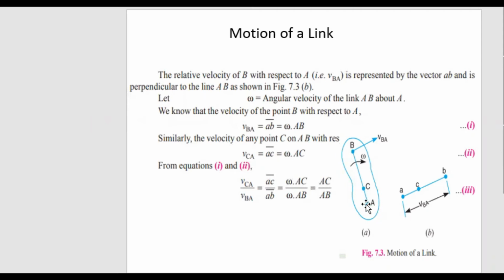So the lengths are going to give you the velocities, and you are going to measure the length in order to find the answer. So here we need to mark this length according to a scale factor. When I do a numerical, you will understand how it is going to impact.